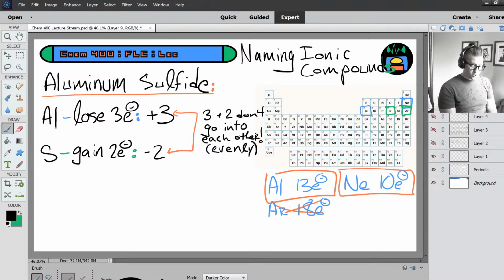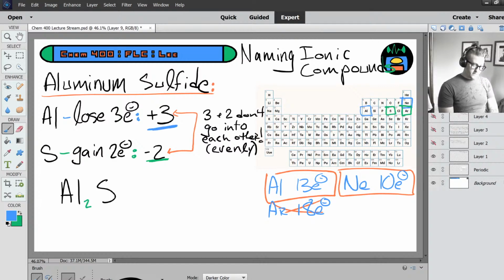All right, there's a little trick. Whenever you have two charges that don't go into each other evenly, there's a trick on how to handle it. We know we're going to have aluminum and sulfur in this compound. Take the number for your negative charge, make that the subscript for your cation.